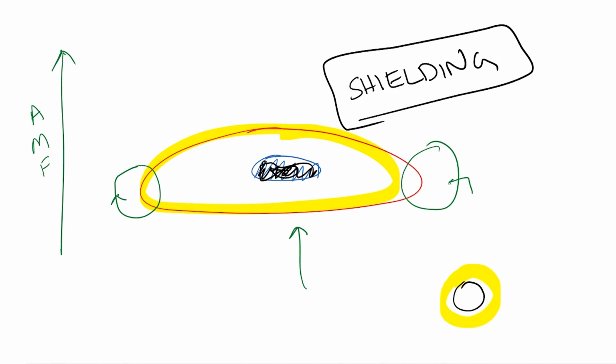Okay. And this electron cloud versus, for example, something like this where you have a nucleus and you have the electronic cloud which is significantly less or more shielded. Okay.